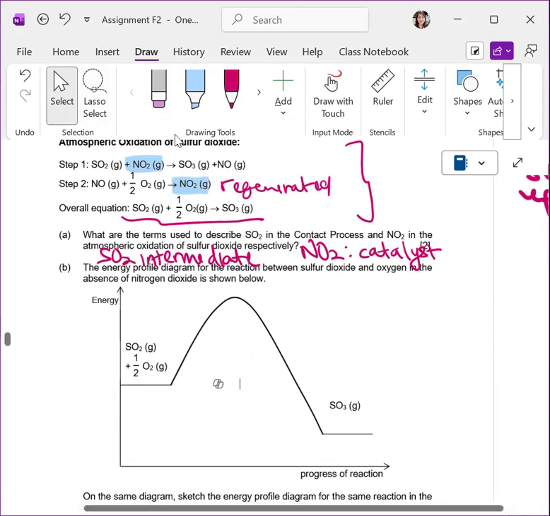So why don't we have to draw an energy profile diagram that shows two steps? I would say yes, we have to draw that. So I'm accepting both versions of answers. The previous version of the answer that I showed you is just to illustrate the effect of a catalyst.